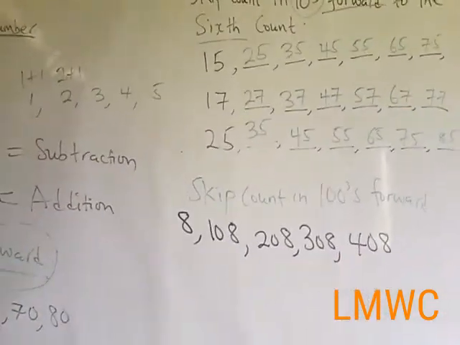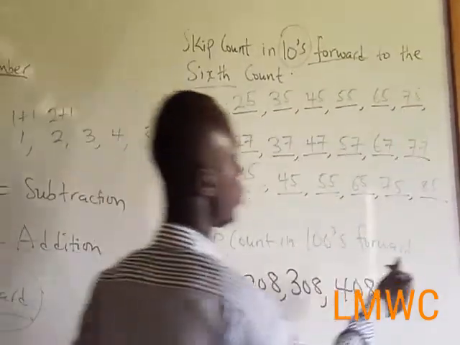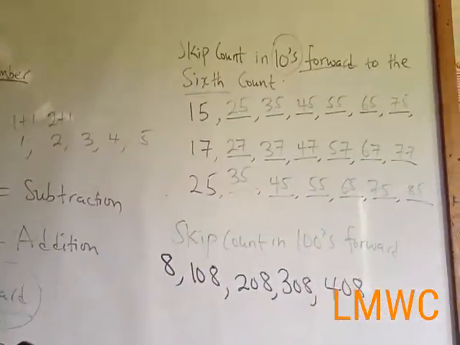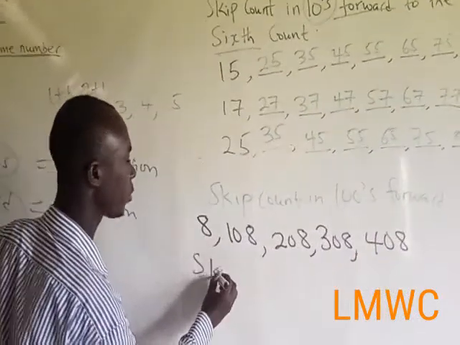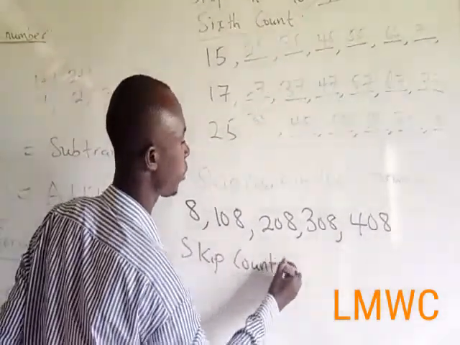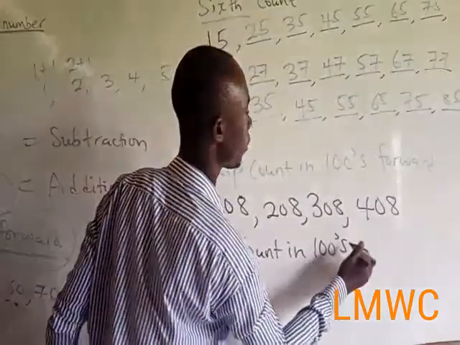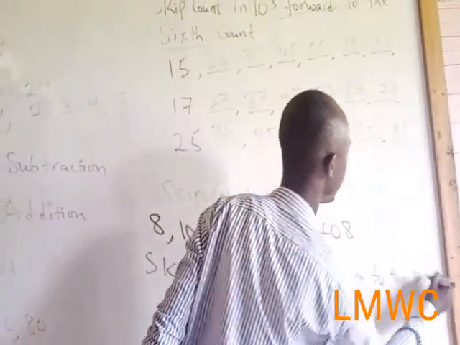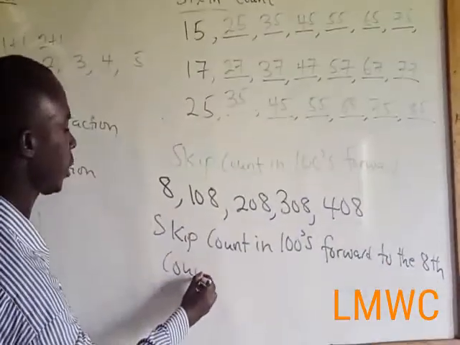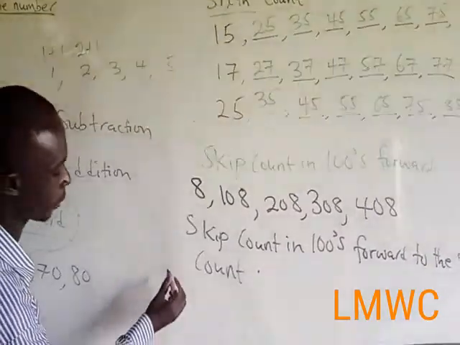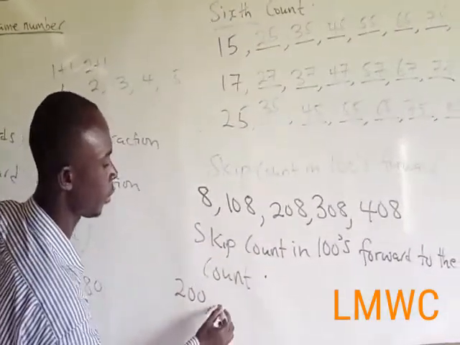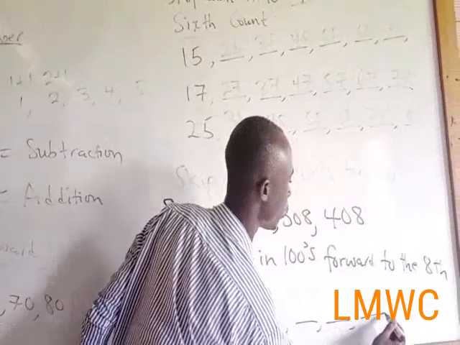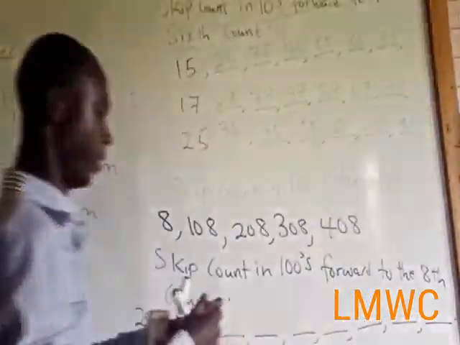But if they ask you to skip count in hundreds forward to the 8th count, and I give you first number as 200, so 1, 2, 3, 4, 5, 6, 7. This means 8 dashes.